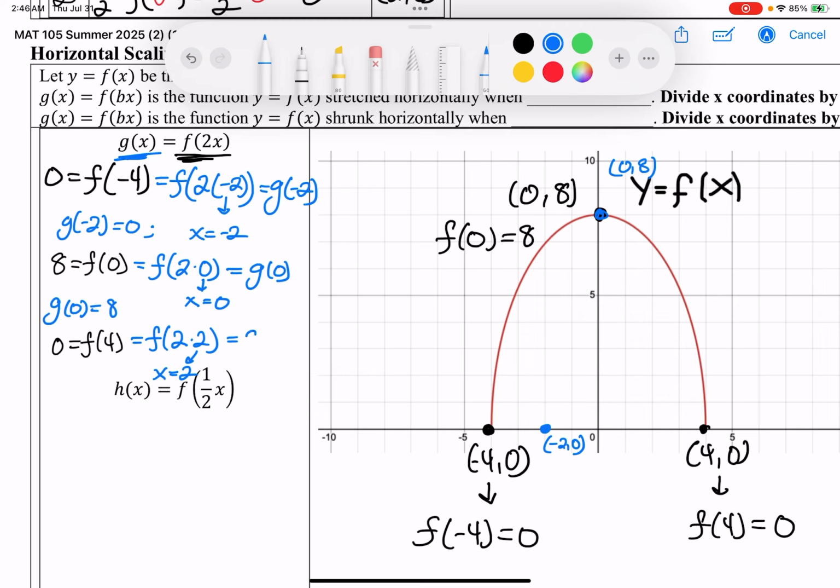So this is also g of 2. So g of 2 equals 0. And that point goes right here as 2, 0. And now we're going to sketch this function.